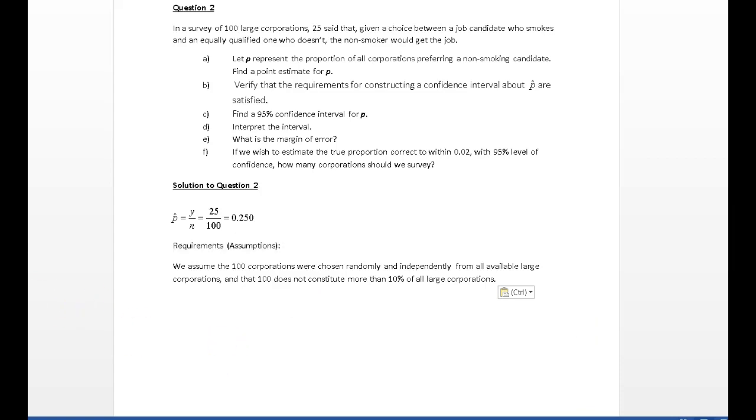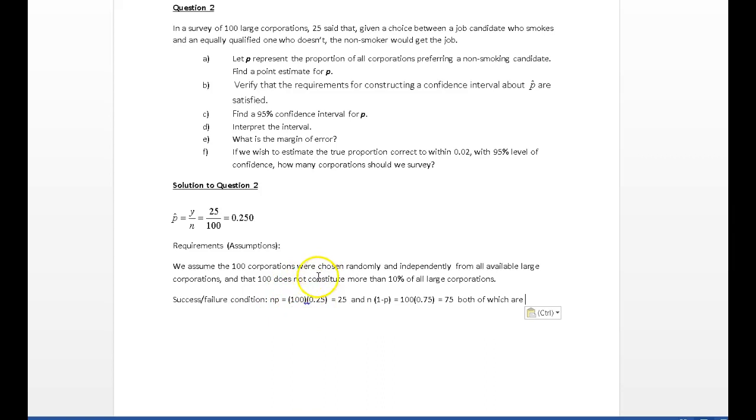Now, there is another requirement that's pretty important for these things, and that is the success-failure condition. The success-failure condition says the number of successes, and 0.25, 25% of my sample, is a success. A success in this case is whether or not the corporation would hire a non-smoker. So my p-hat from my sample is 25%.